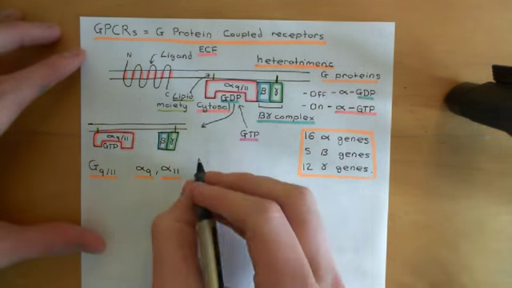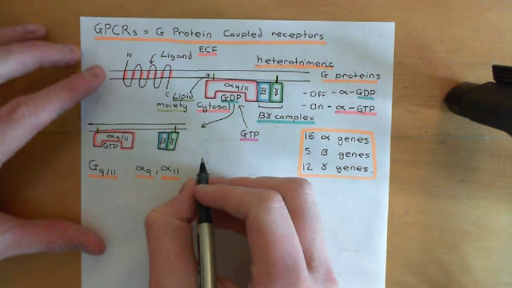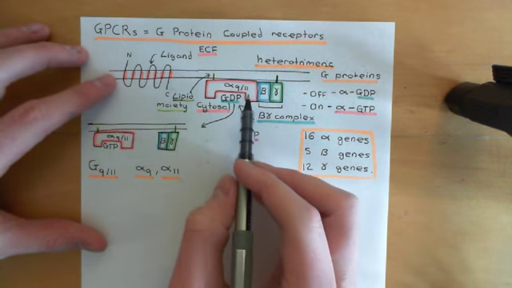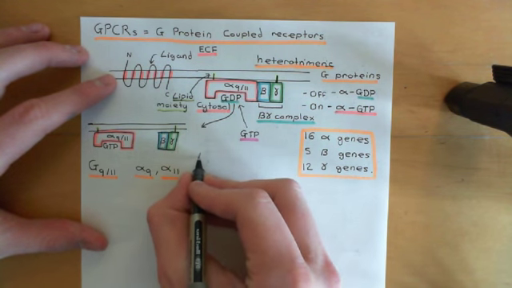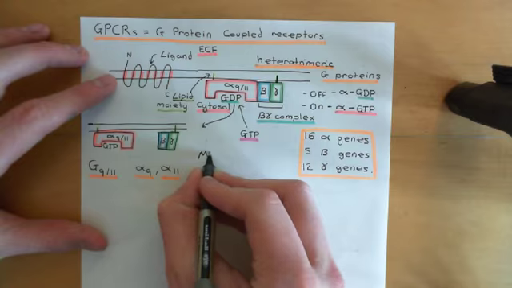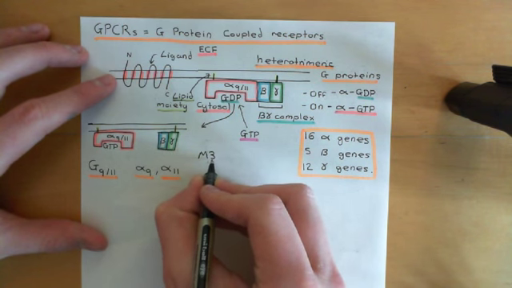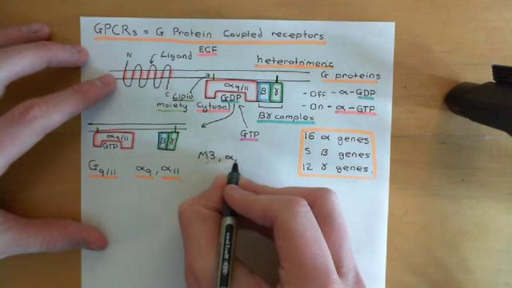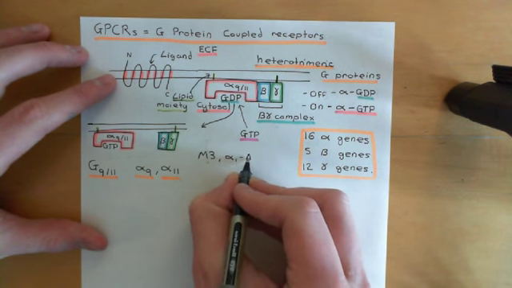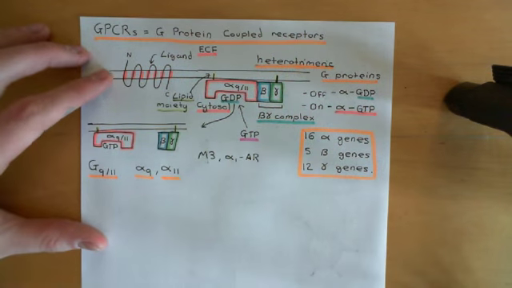Let me give you some examples of G protein coupled receptors which will bind to and activate GQ/11 heterotrimeric G proteins. Some famous examples are the M3 muscarinic acetylcholine receptor, and also the alpha-1 adrenaline receptor, AR for adrenoreceptor.